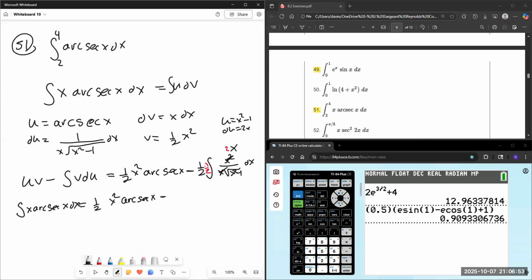Du is 2x dx. So minus 1/4 integral of u to the negative 1/2 du. The integral of x arc secant x dx is equal to 1/2 x squared arc secant of x minus 1/4 u to the 1/2 times 2.